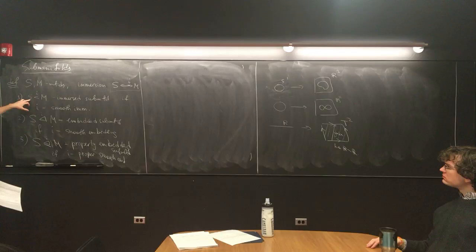Number two, covering maps are local diffeomorphisms, submersions, open maps, and quotient maps.